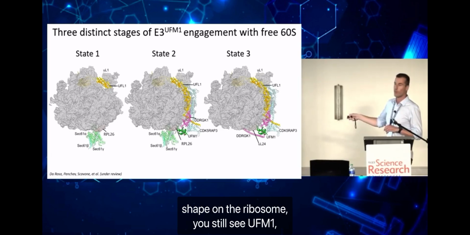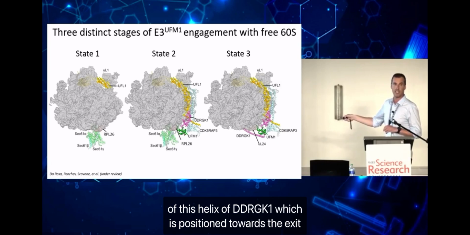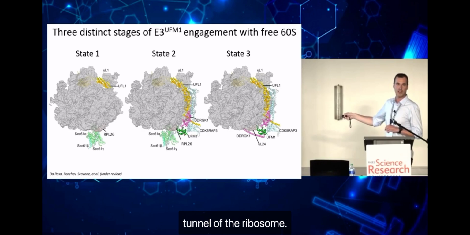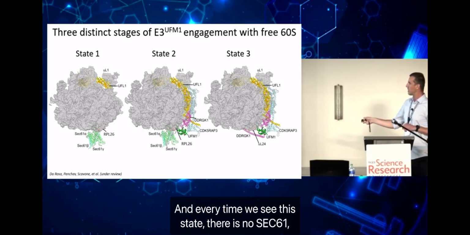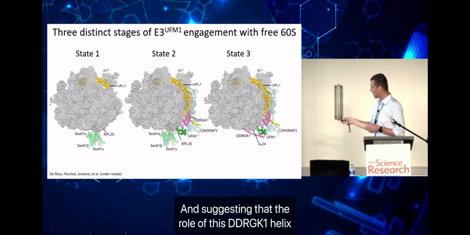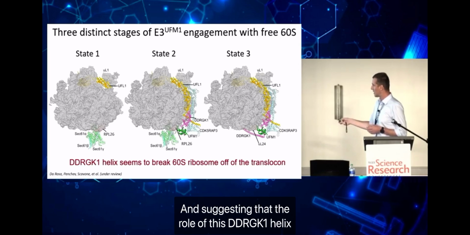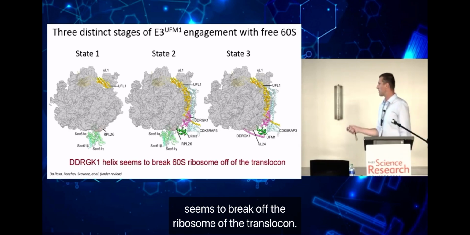You still see UFM1, but interestingly, you also see a resolved helix of DDRGK1, positioned towards the exit tunnel of the ribosome. Every time we see this state, there is no Sec61, suggesting that they are mutually exclusive, and that the role of this DDRGK1 helix seems to be to break the ribosome off the translocon.